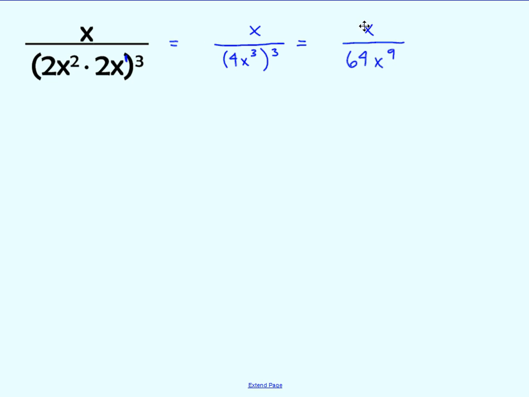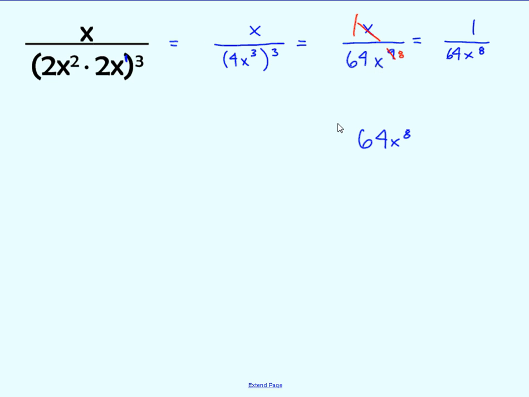I can get rid of this entire x on the top if I get rid of one of these, which would leave me with 8. Now if I cancel out, this would be the same thing as 1 over 64x to the 8th.